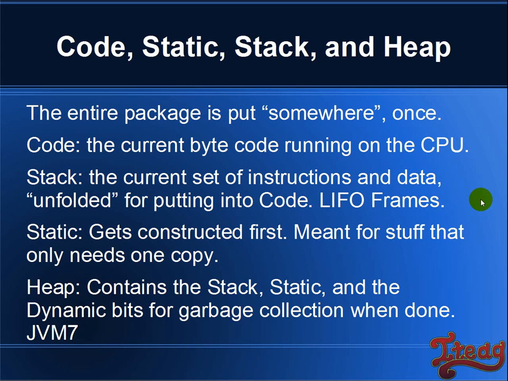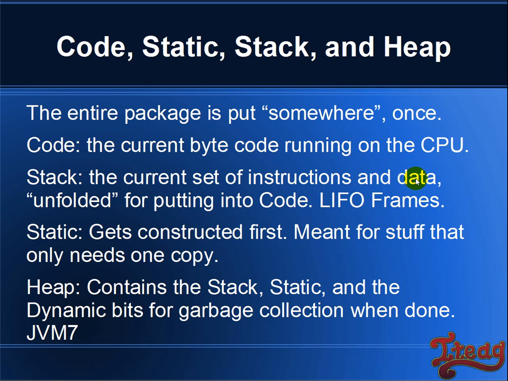Classes marked static, all right, they get methods and method signatures, and classes marked static get put into the static part first. Okay, gets constructed first. Meant for stuff that only needs one copy, and it needs to happen first. Okay, the stack. Of course, the stack gets started with main, and then it gets ready to start doing the whole program.